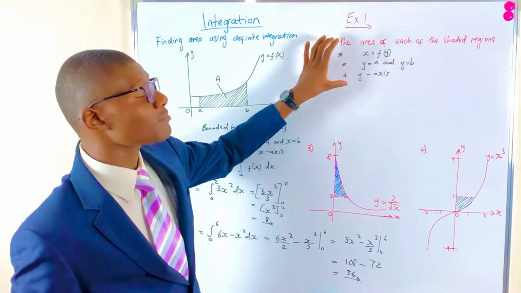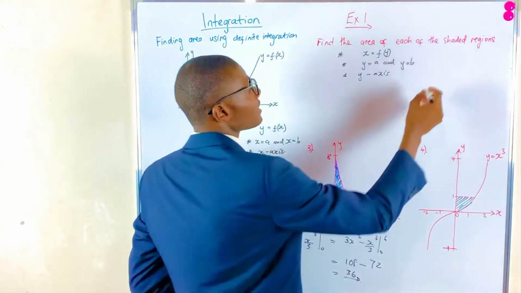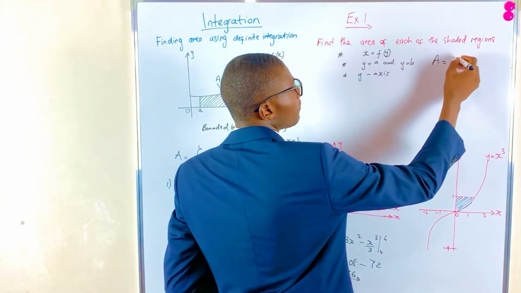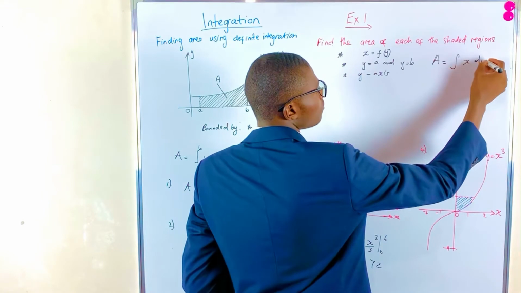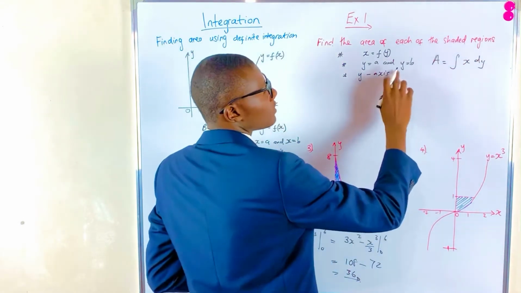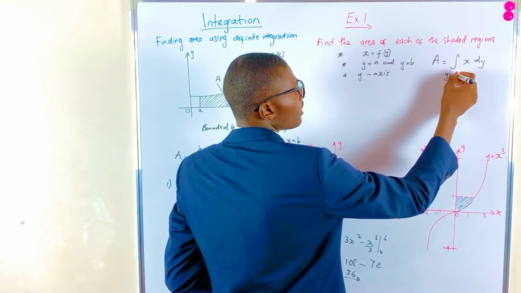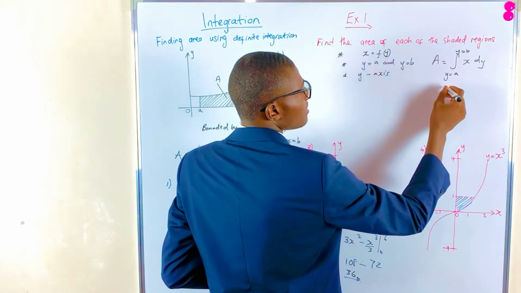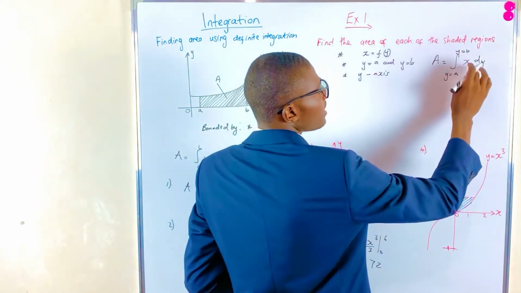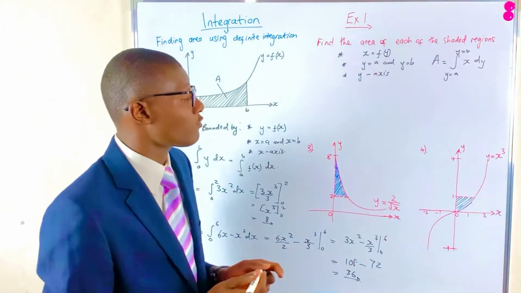The area would be equal to the integral of x with respect to y, with the limits from y is equal to a to y is equal to b, which is the same as saying x will be f of y.